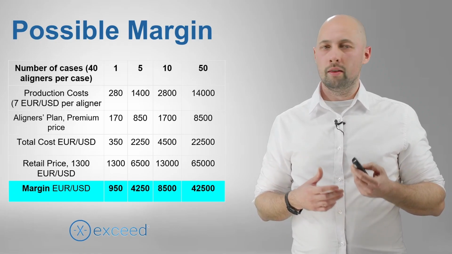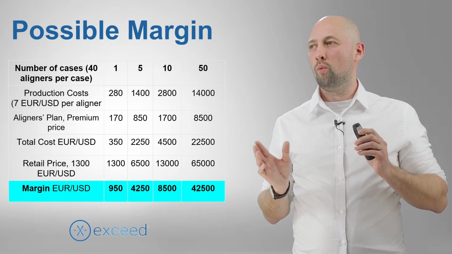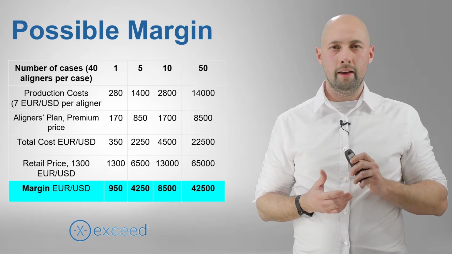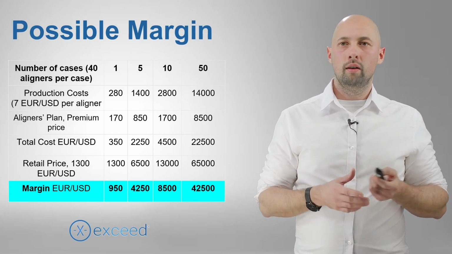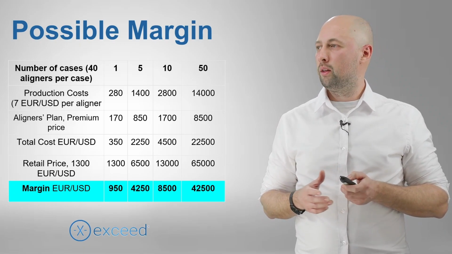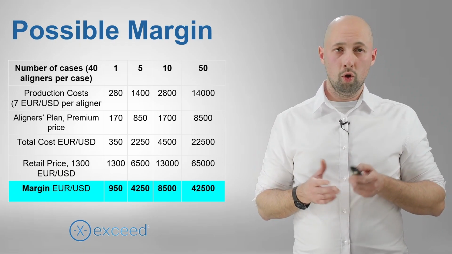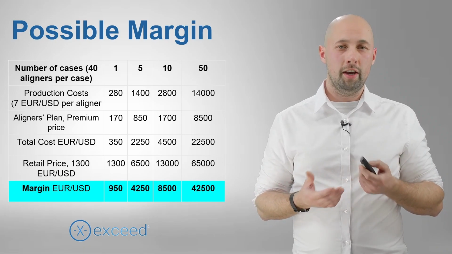The retail price in today's market is about 1,300 euros. Again, it could be a little bit more, a little bit less, depending on the market, city, provider, and everything. But this is the normal price for such a case.